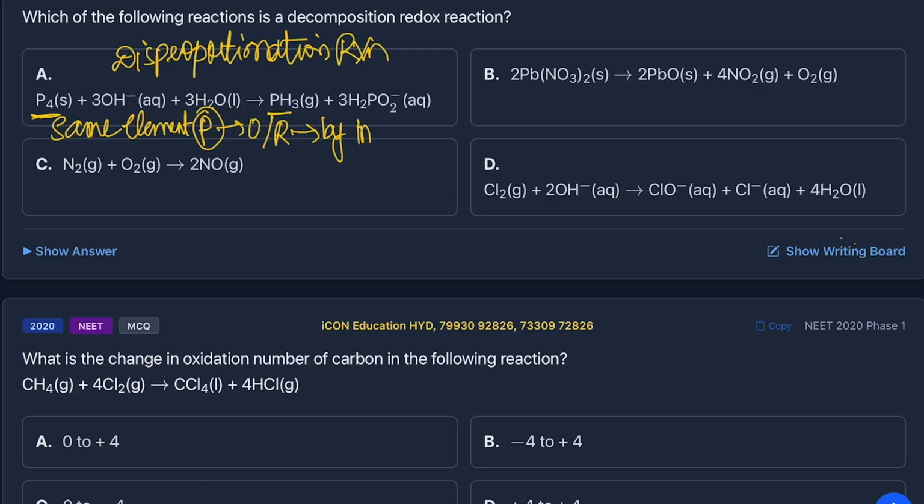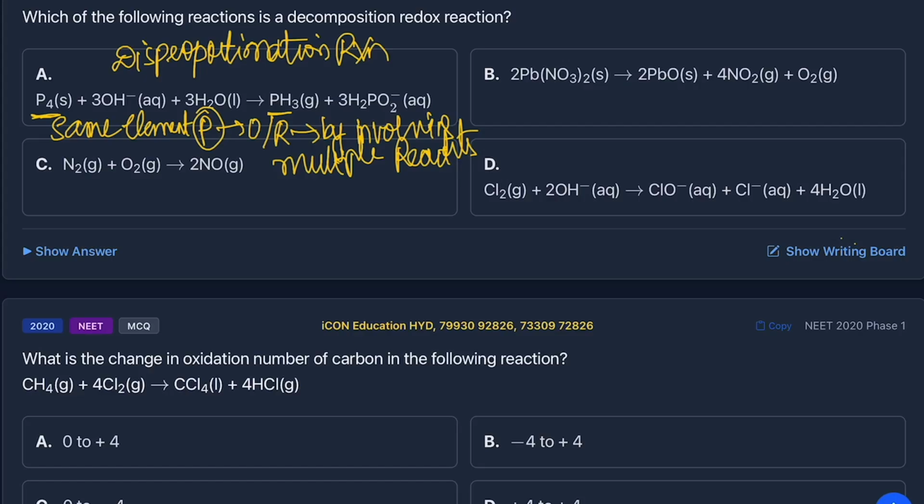So option A is a disproportionation reaction.